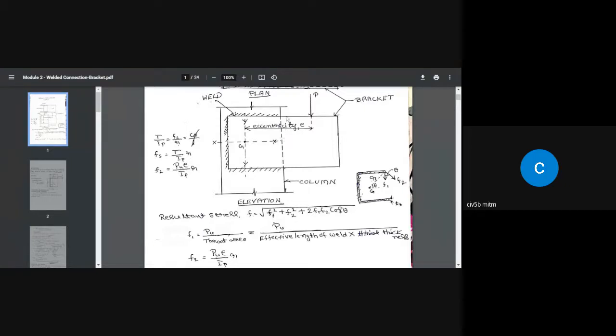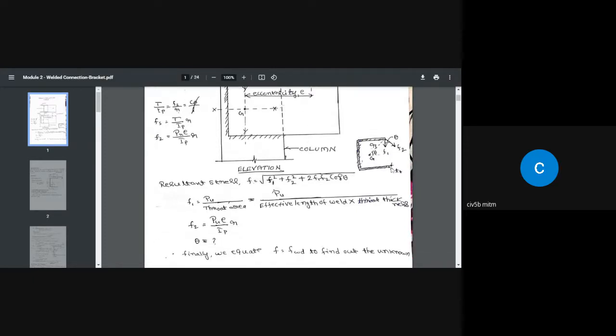So at a certain area of the weld, the shear stress due to the torsion is going to be maximum. So the weld area at this point is going to be subjected to maximum shear stress due to torsion. That area of the weld should be considered. If the weld is safe in that area, then the weld is automatically safe in the rest of the area, because the F2 value along this weld is less than the F1 value.